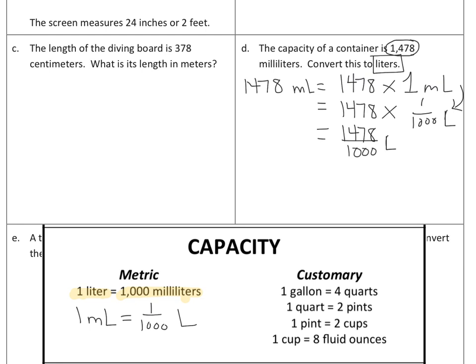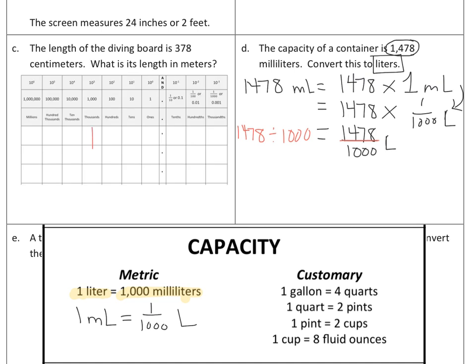But also remember that the fraction bar represents division. So 1,478 divided by 1,000. And here's a perfect time to pull out my place value chart. So I have 1,478. I'm dividing. That's going over to the right. It's dividing by 1,000.